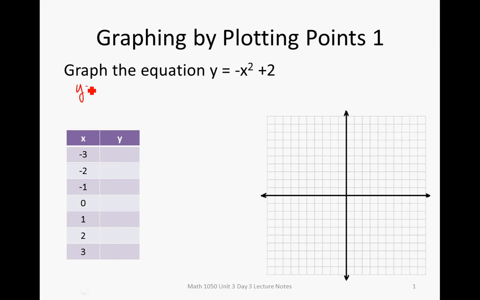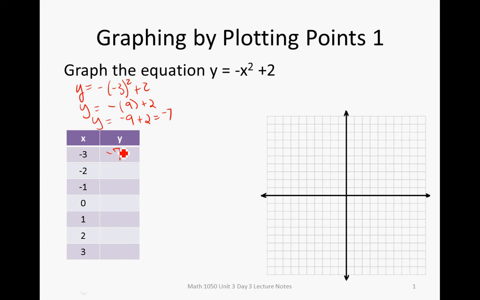So that means, what is the value of y if x is negative 3 and the formula says negative x squared plus 2? So y is equal to the negative of 3 squared, which is 9. So y is equal to negative 9 plus 2, which is negative 7. So when x is negative 3, y is equal to negative 7.